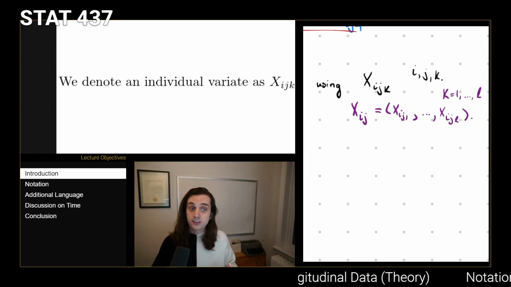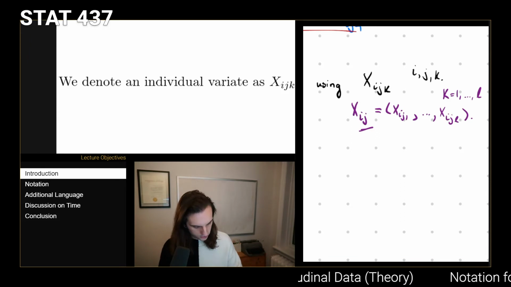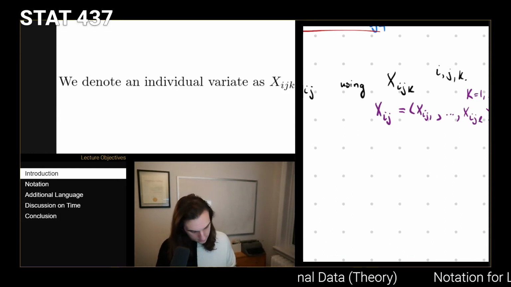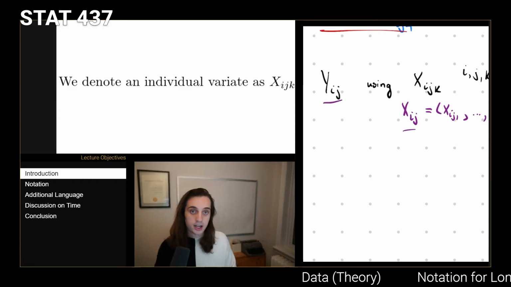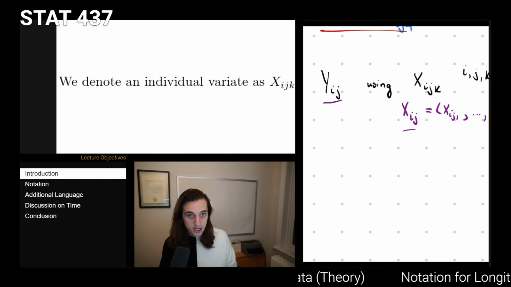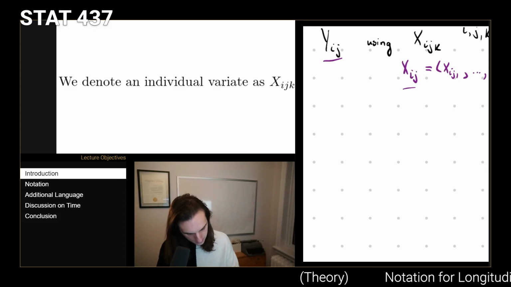So it's just a vector that contains all of the explanatory variates at time point j, right? So then now we're going to be able to just talk about Yij and Xij. And so Xij is just all explanatory factors measured at time j. Yij is the outcome measured at time j.